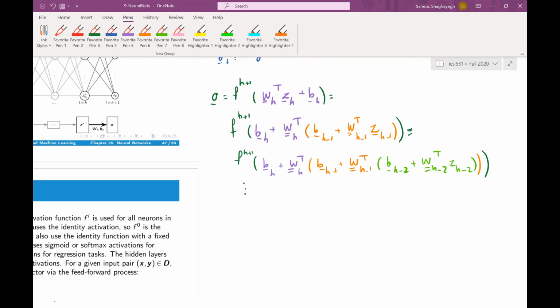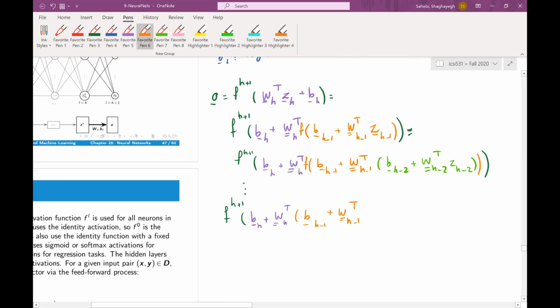And that is going to be F_{H+1} of B_H plus W_H transpose B_{H-1} plus W_{H-1} transpose. Oh, I dropped the F, so we have actually F here.